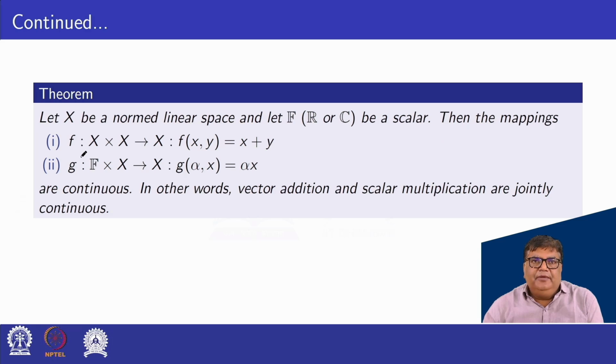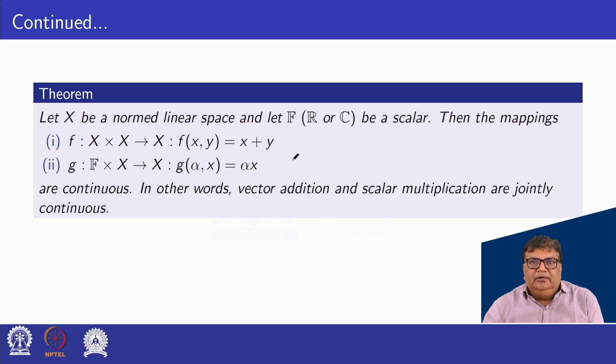Then the mapping f from X cross X to X, that is, if x is an element of X and y is an element of X, then f(x,y) equals x plus y, which is also an element of X, and g from F cross X to X, that is, g(alpha, x) equals alpha x, then both functions f and g are continuous.